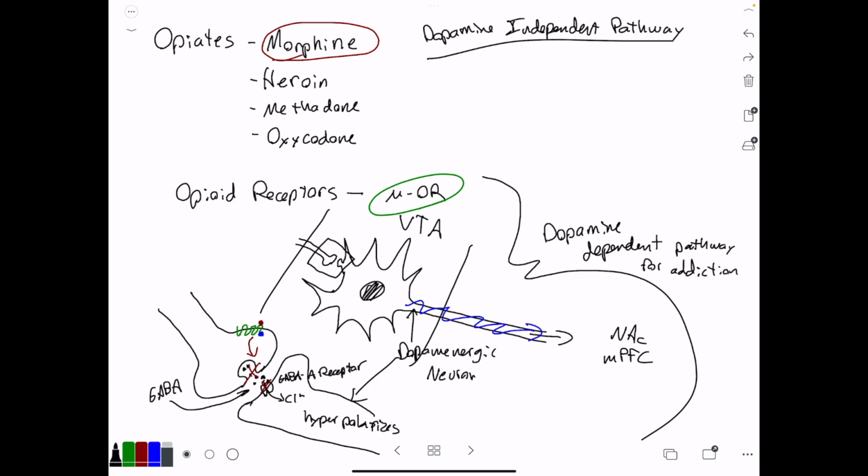Opioids can. It's simply that the mu opioid receptor can bypass the VTA, right, which is what we saw here. It doesn't necessarily need the VTA, though it does indirectly increase the activation of VTA by inhibiting the inhibitors.